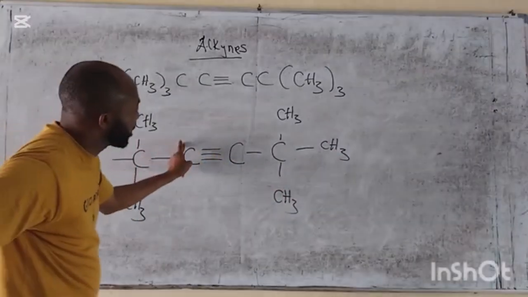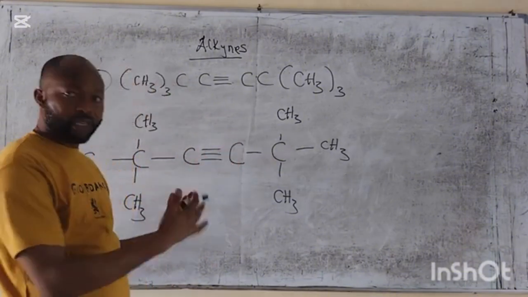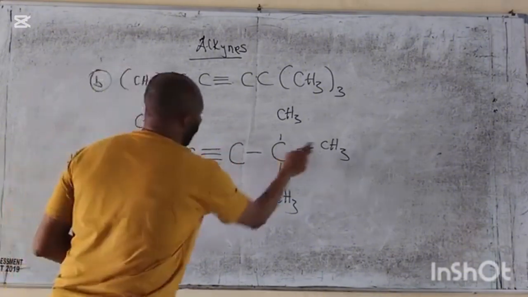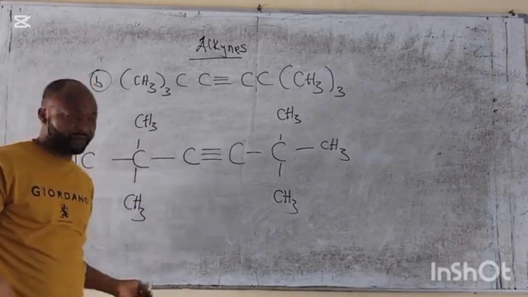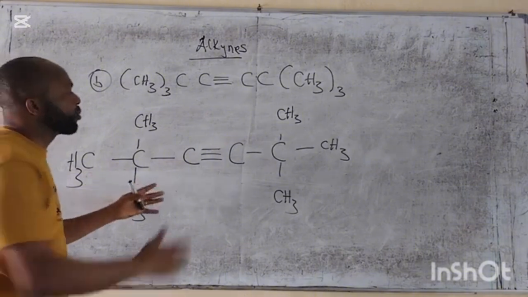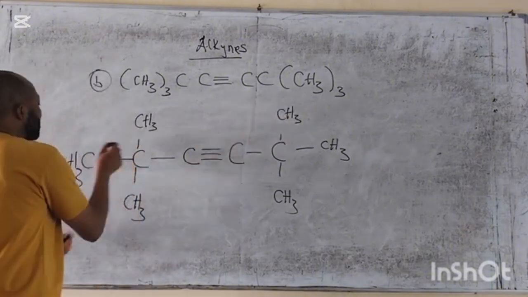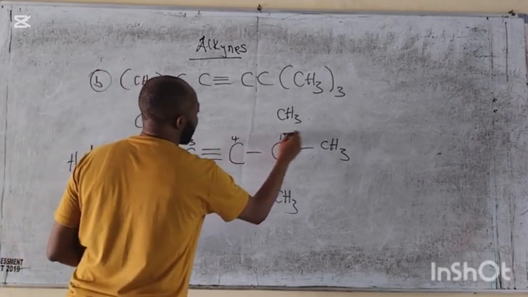1, 2, 3. 1, 2, 3. So the triple bond is in between. The parent chain is 1, 2, 3, 4, 5, 6. Officially it is hexane. Now, if you number from both ends, it is the same. So let me just take this to be my 1, 2, 3, 4, 5, and 6.